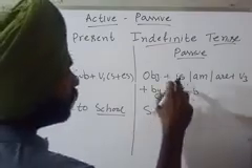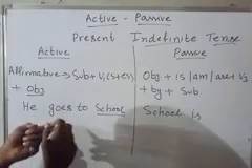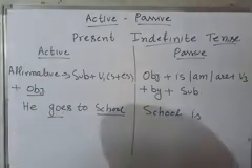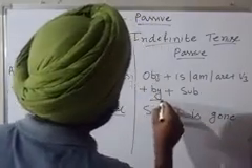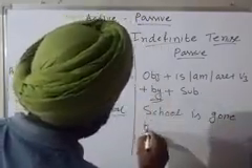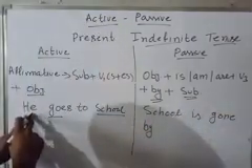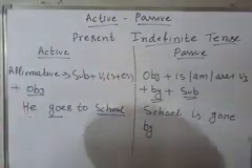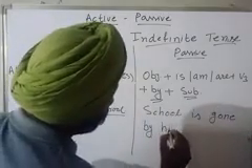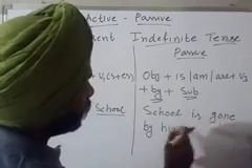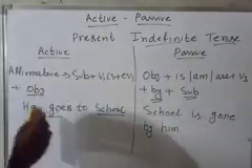School is singular, so we use is: school is. Then we use verb third. So go, went, gone. Then we use preposition by, and then the subject. The subject is he, and he changes into an object and becomes him. School is gone by him. So this is the first.